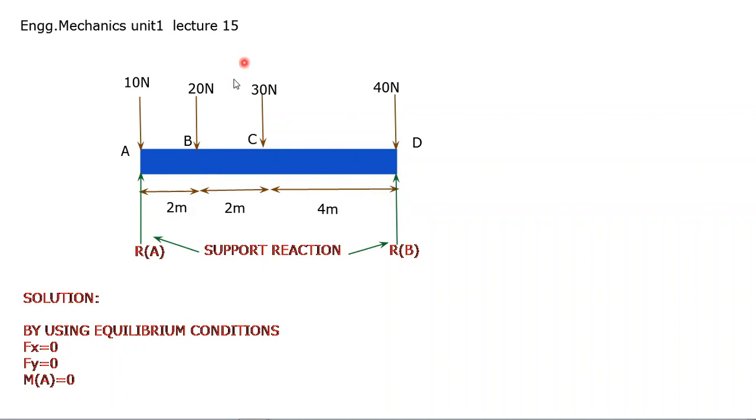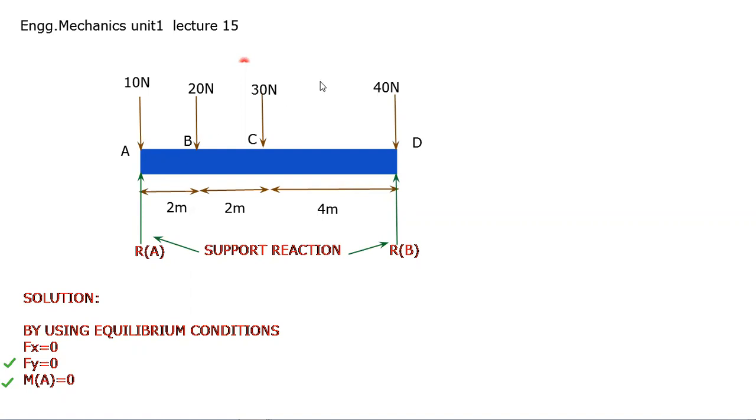Therefore, we can use Fy is equal to 0, as all forces are in the y direction. We can also use the moment at any point is equal to 0.